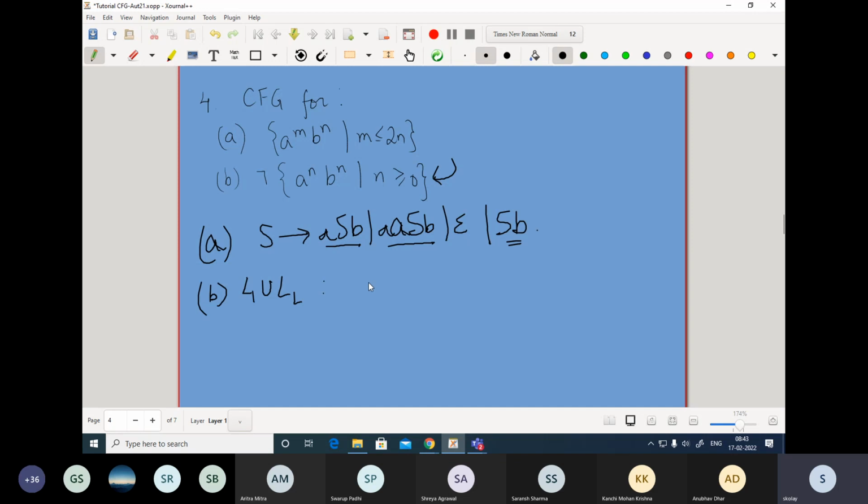Let me write it as L1. So L1 could be all the strings A to the N, B to the M such that N is not equal to M. And what are the other strings that are there?